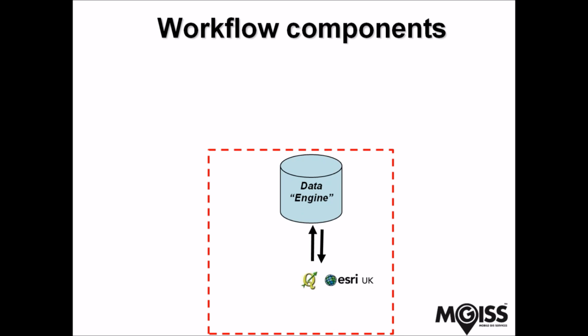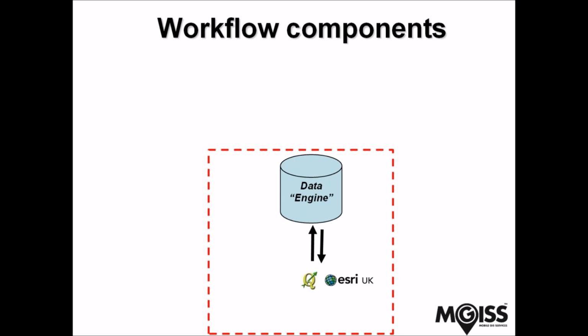Some of the more familiar GIS packages available, such as QGIS and Esri UK, others obviously are available, tend to form the basis of a visual aid and a database engine by which you can then build other components alongside, one of which is field-based data capture.